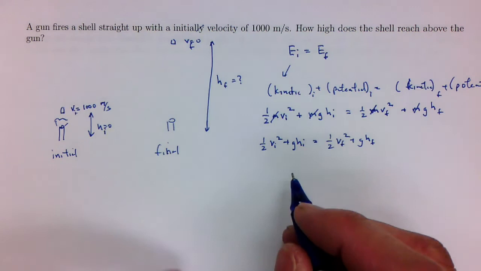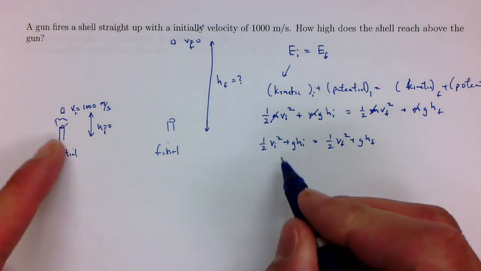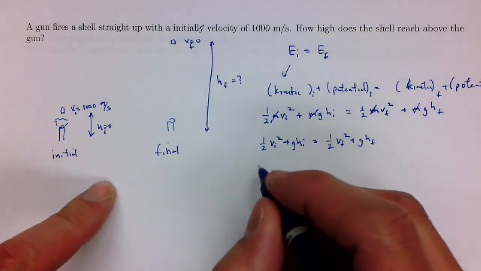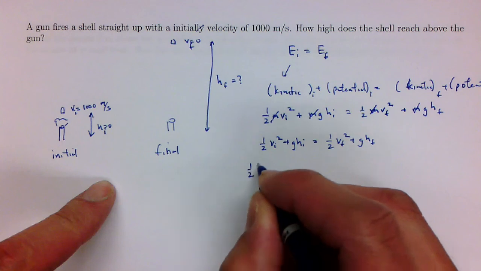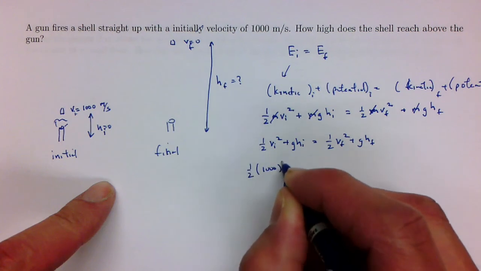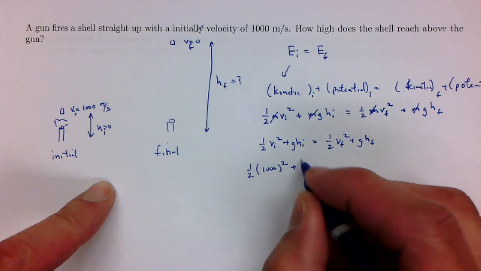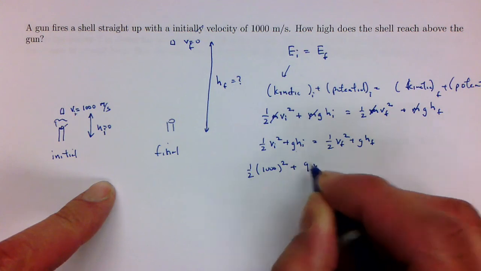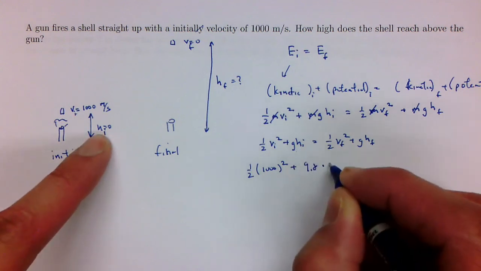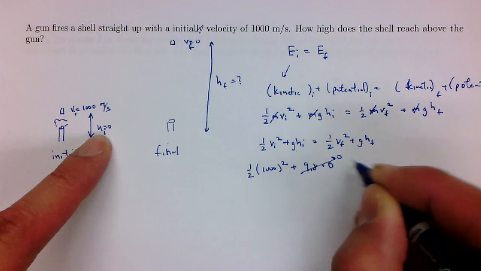Alright, and we know all this information now. Let's look at this. The initial velocity is 1,000 meters per second. So it's going to be 1/2 times 1,000 squared plus g, which is 9.8, times hi, which is 0, so that goes away.